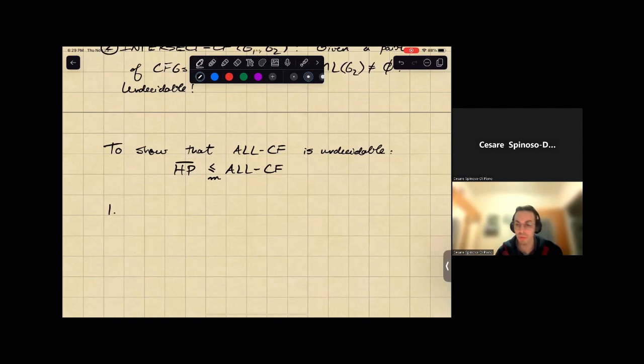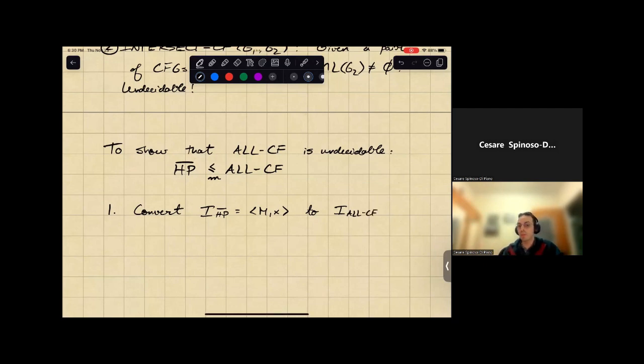So the two steps I need to do in this mapping reduction, like every other mapping reduction we've seen, is the first thing to convert an arbitrary instance of the not halting problem, so that's MX binary encoded as a string, because we're dealing with strings in this course, to a particular instance of the all CF problem.